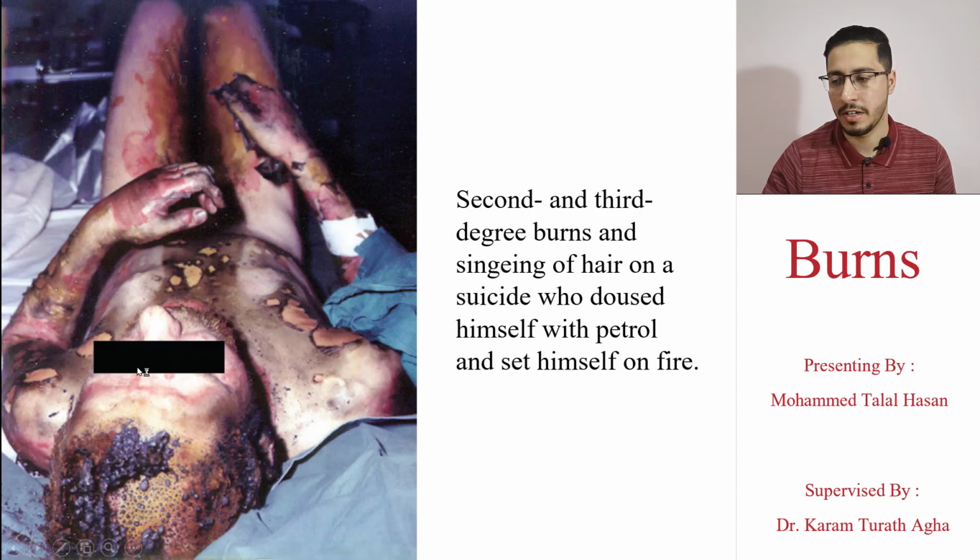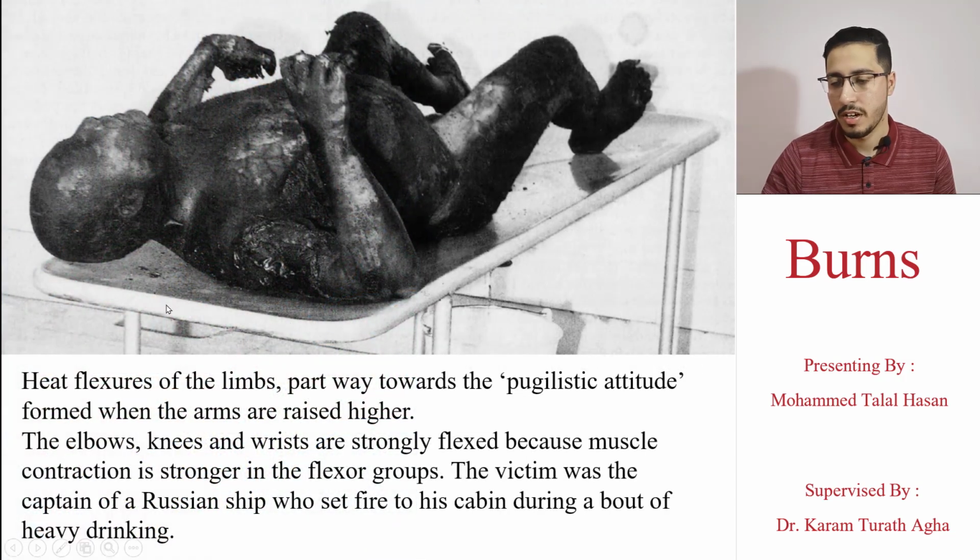Here we can see the pictures of the second degree and third degree burns. Here we can see the pugilistic attitude, the flexion of the elbows, the knee, the wrist, and strongly flexed muscle contraction.